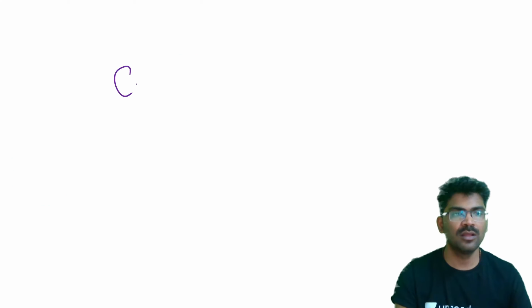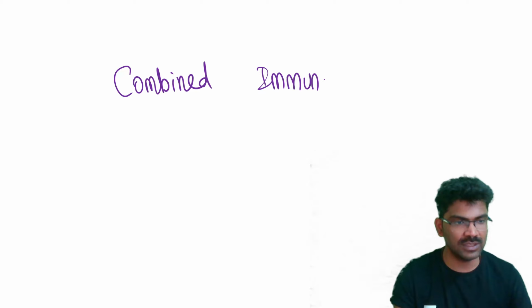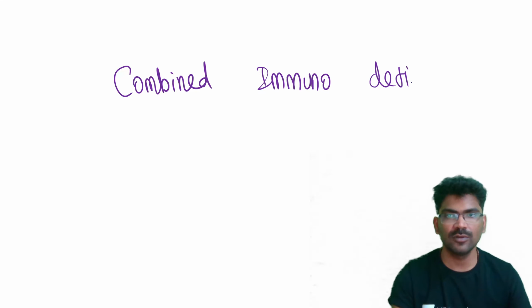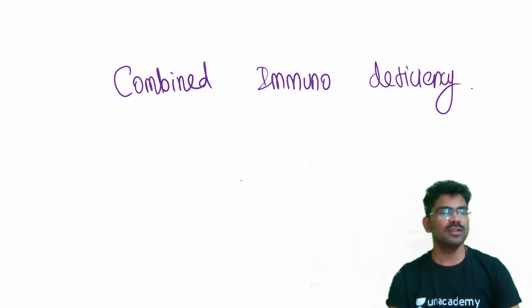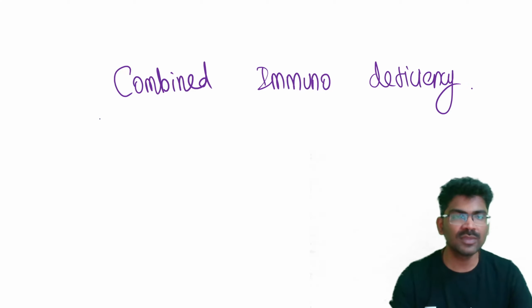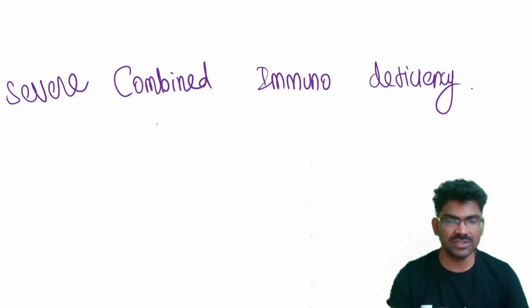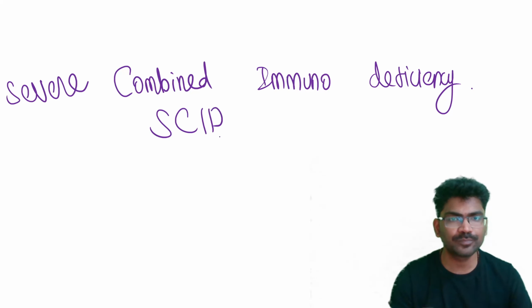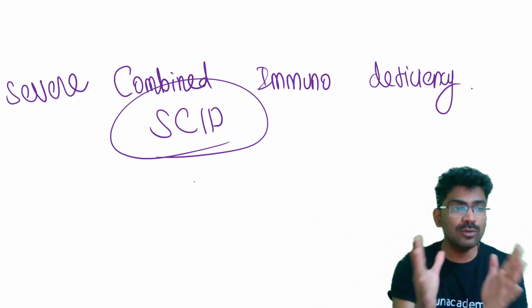So this is combined immunodeficiency. Arjun Raj, excellent. Moksh Sharma, excellent. So this is severe combined immunodeficiency, SCID. This SCID is a phenotype.